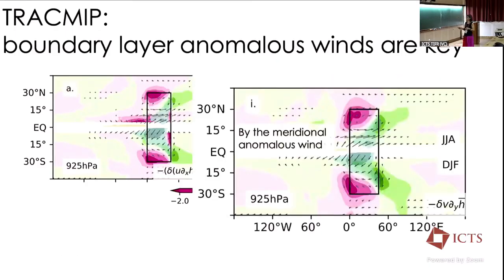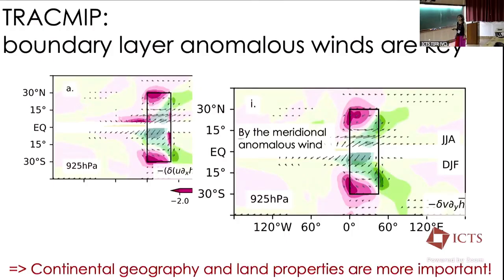And when you look at the various terms, it is the meridional advection of the meridional gradient of the background H that matters most. So it's a somewhat different mechanism here, but the same concept: it's the horizontal advection that does the trick.